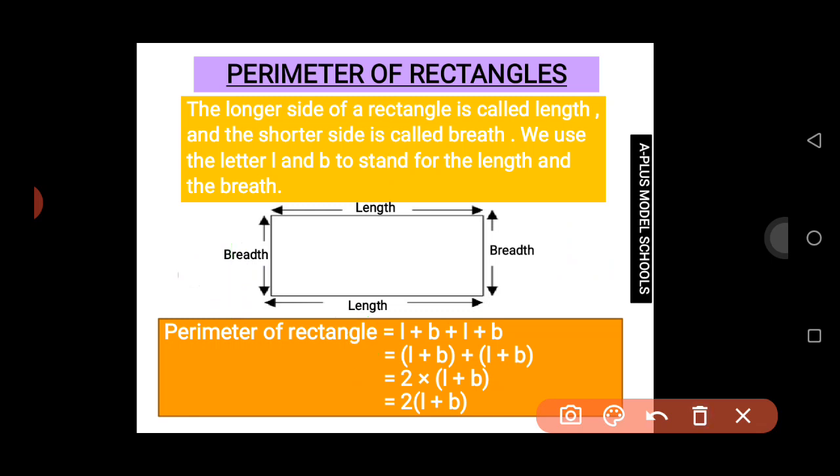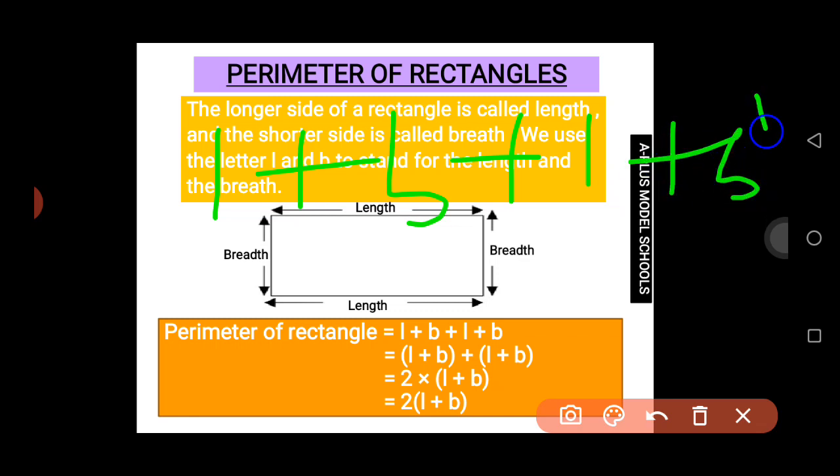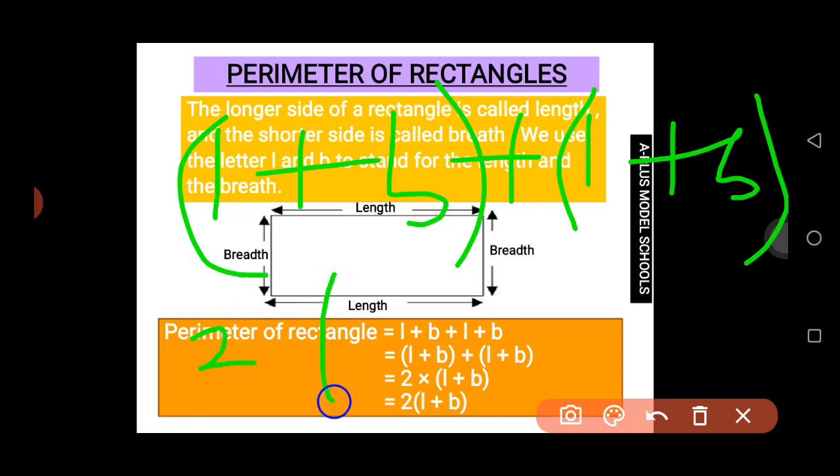Which is length plus breadth plus length plus breadth. And when you look at it very well, it means we have length plus breadth in 2 places. That is length plus breadth in bracket, then plus length plus breadth in brackets. So this is 1, this is 2, which is the same thing as 2 in bracket length plus breadth, then close it.